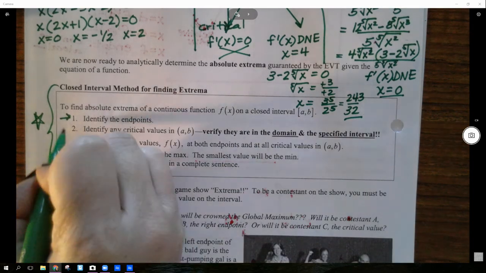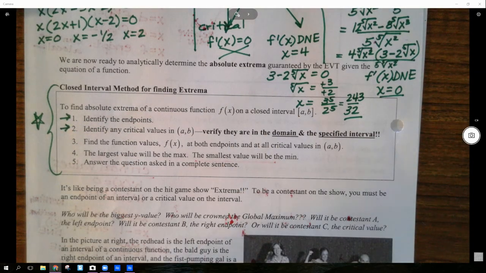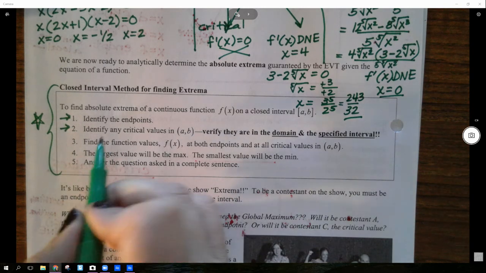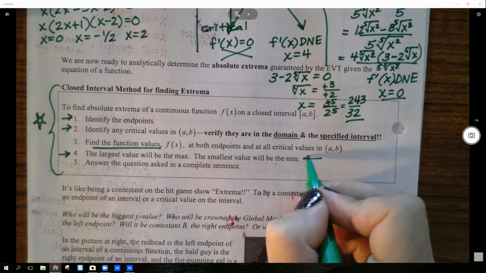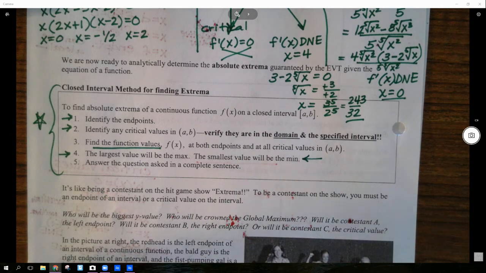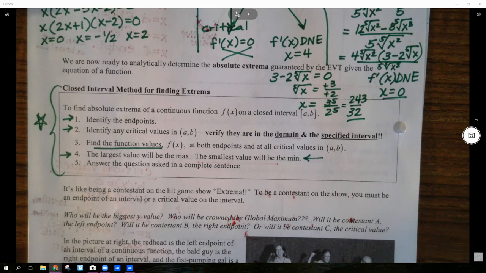Then find critical values, and you do that by taking the derivative and setting it equal to 0, and also finding where the derivative does not exist. After you get those critical values, you are going to plug them back into the function. Your biggest value is going to be your maximum. Your smallest value is going to be your minimum. And then obviously answer in a nice, professional, complete sentence.